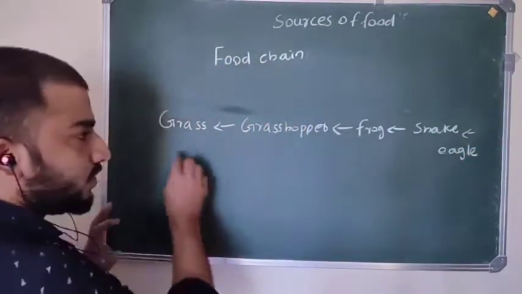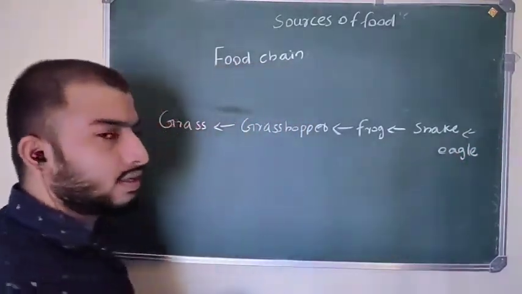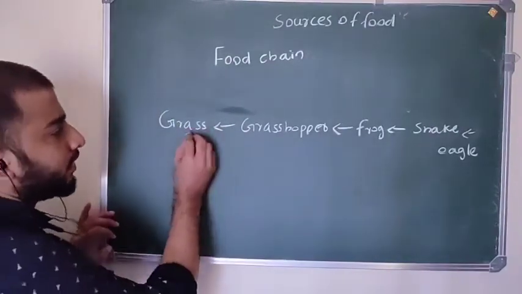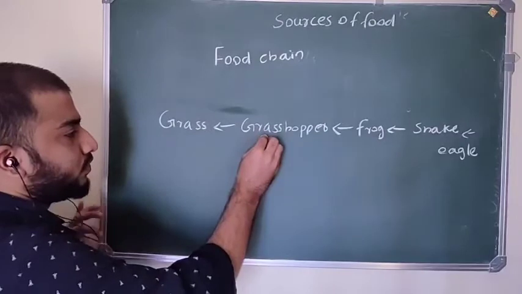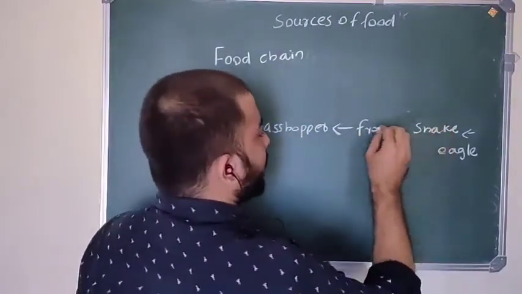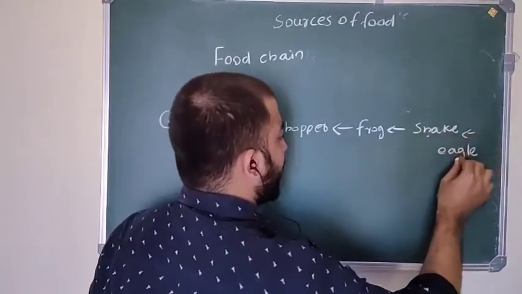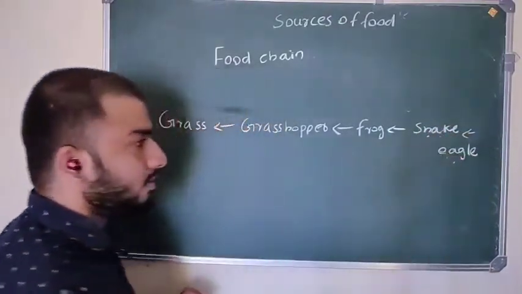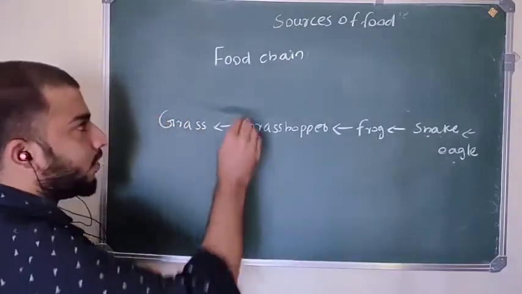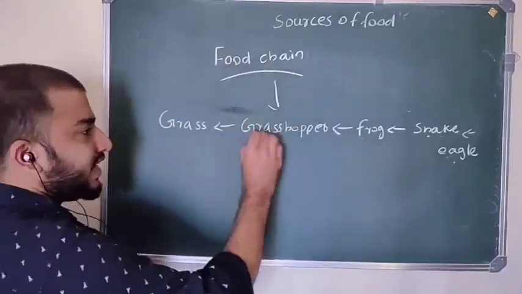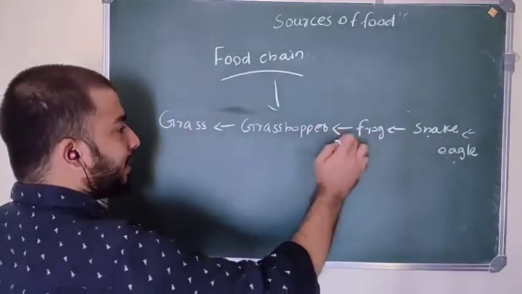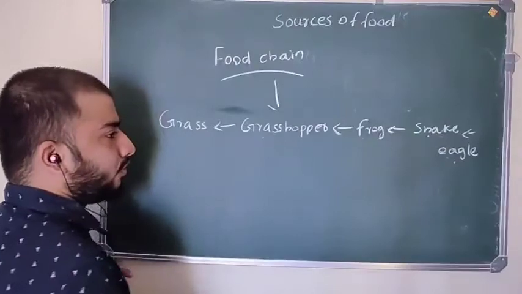So this series of events is called a food chain. Grass is the food of grasshopper. Grasshopper is the food of frog, frog is the food of snake, and snake is the food of eagle. So this series is called a food chain. It is like a chain. Each organism, each animal, depends on another animal for its food.